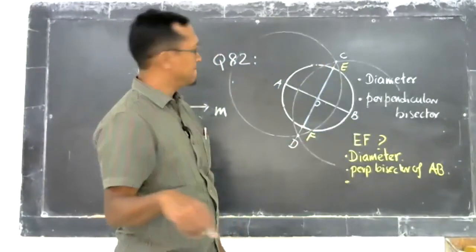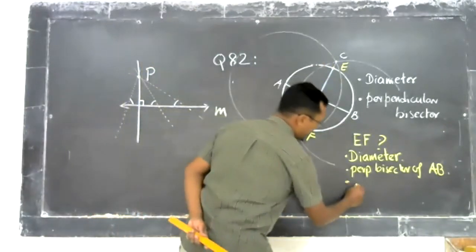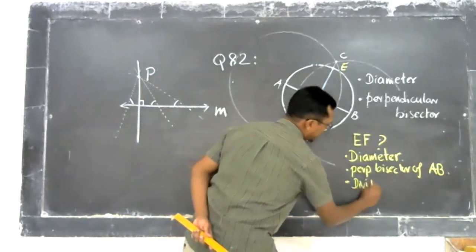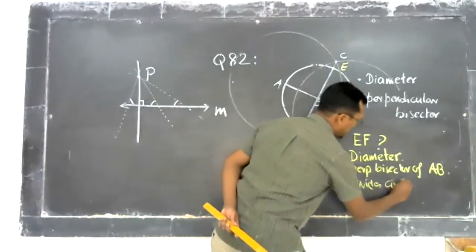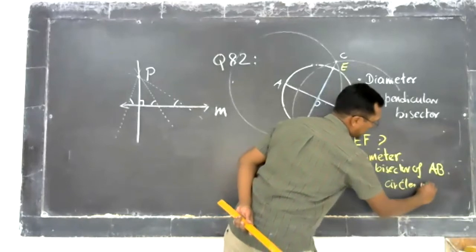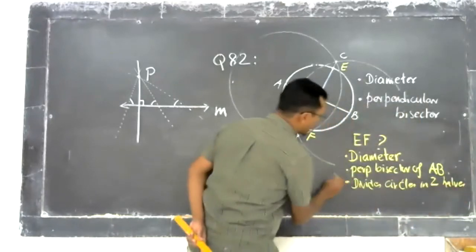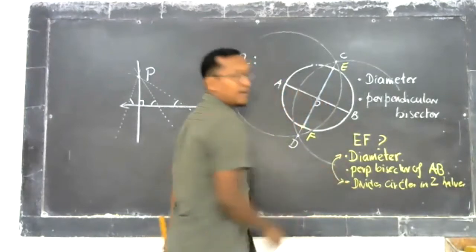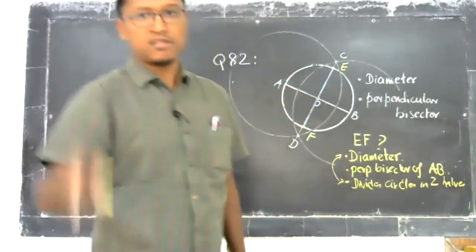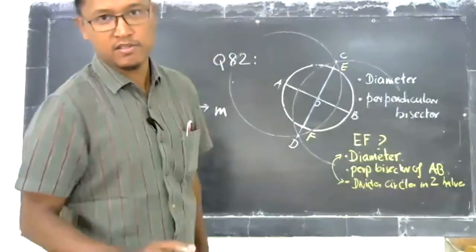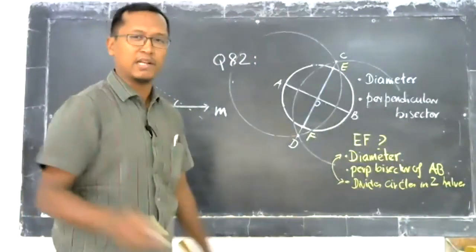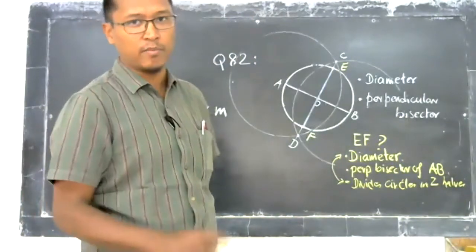Oh yeah. Okay, so divide into 2 halves. A diameter will always divide the circle into 2 equal parts. Anyway, it's an observation, so I don't mind.